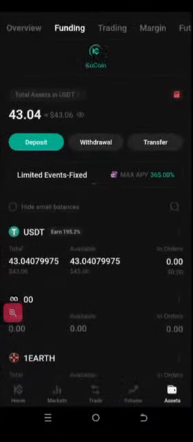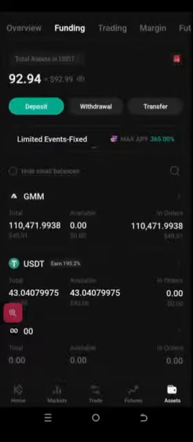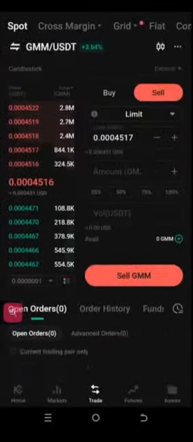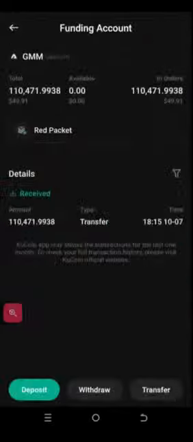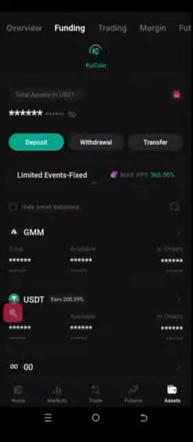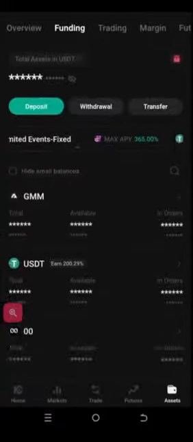Let's go over and see what's happening. Let's go ahead and see what's going on. All right, so it's gone. Let's go and check. So we're going to go over to Mexi to find out whether it has arrived.